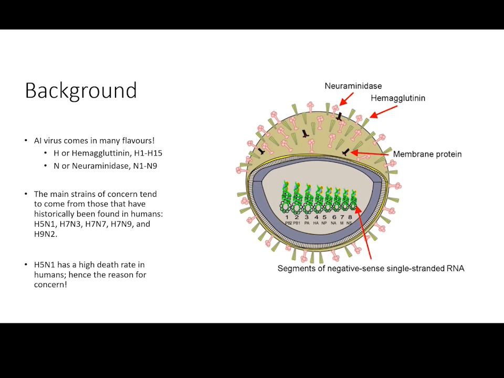There was quite a sizable outbreak of H5N1 in the early 2000s, around 2003, which had a pretty high death rate in humans. We're talking about 50%, and that tends to ring big alarm bells. Things have died down a bit since then. There isn't a large scale outbreak ongoing in people at all, but things have changed in the landscape for AI.